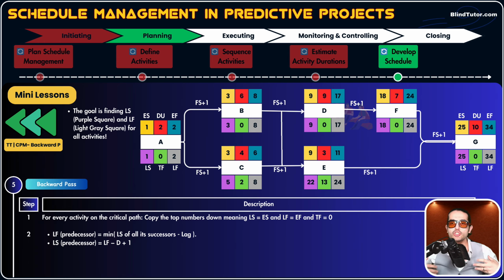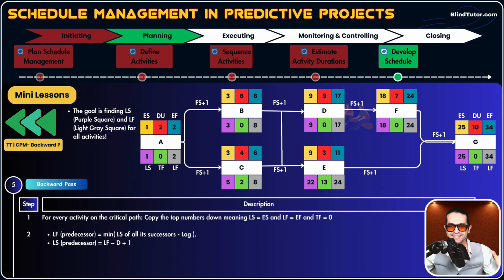Total float shows you how much slack or how much flexibility you have to delay the start of the activity. For example, activity C in a normal way needs to start on day 3, that early start, okay? But activity C has 2-day float. What does this mean? It means if we delay start working on activity C up until day 5, our project will still finish in 34 days.